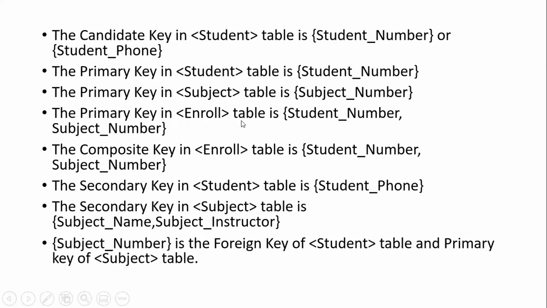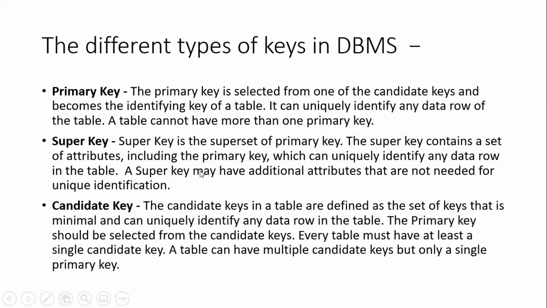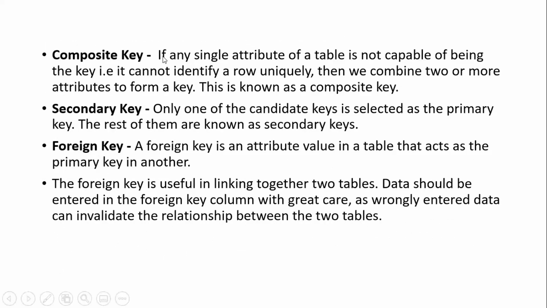The primary key in the enroll table is a combination of subject number and student number, because only through subject number you can't identify a row in the enroll table, and only through student number you can't. That is why you are using both of them together as the primary key.